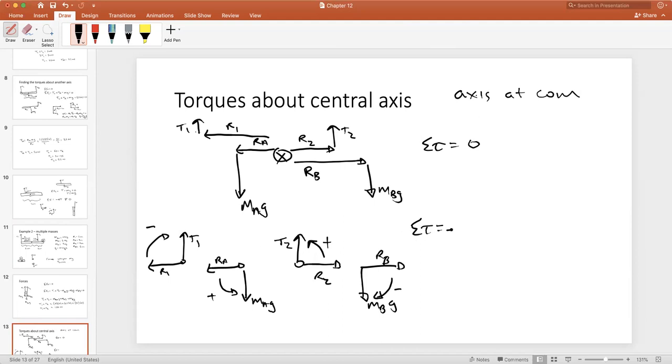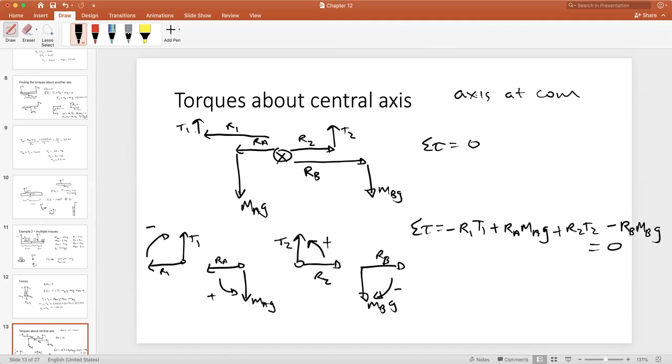So we get negative R1, T1, plus RA, MAG, plus R2, T2, minus, stay consistent, RB, MBG. And that is equal to 0.